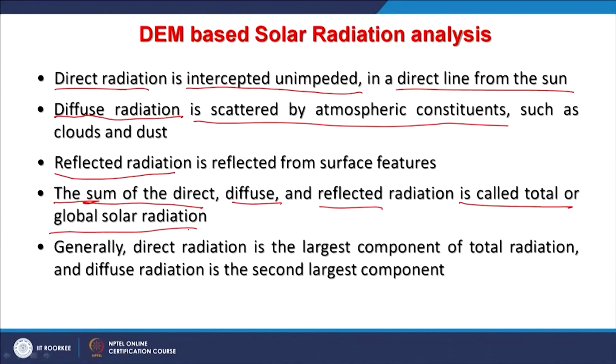Now, generally this direct radiation, as you know, is the largest component of total radiation, because that is how this energy is reaching. Though in between there is an atmosphere, it still has the major role towards solar energy generation. The second position is held by diffuse radiation, and of course reflected radiation has the third.